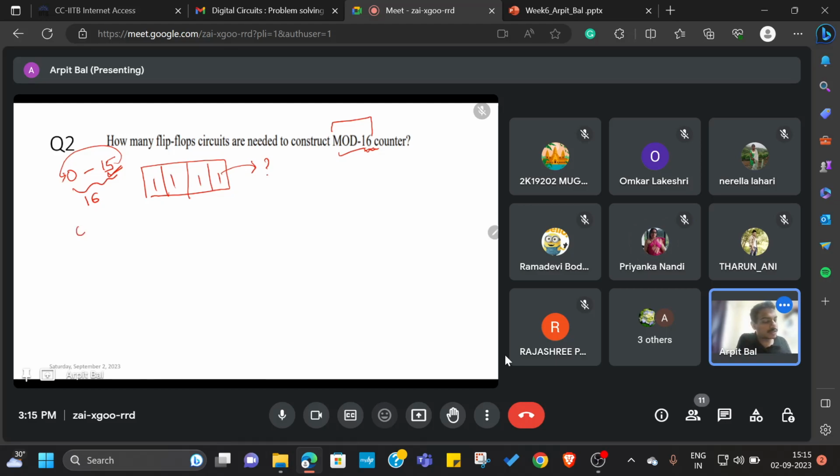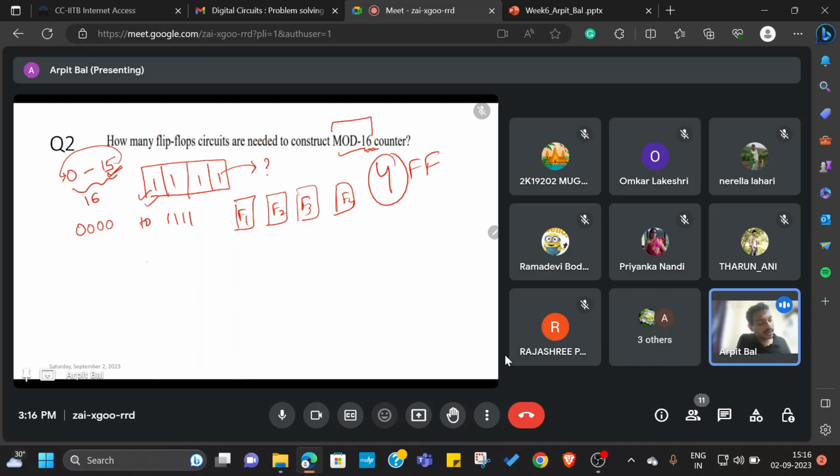The count is actually from 0000 to 1111. Because we need 4 bits, we will need 4 flip-flops to store those 4 bits. This is flip-flop 1, 2, 3 and 4. So the answer to this question is 4 flip-flops.